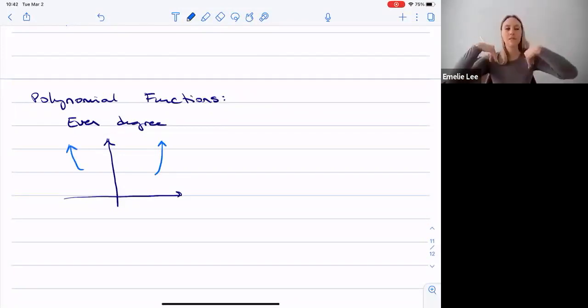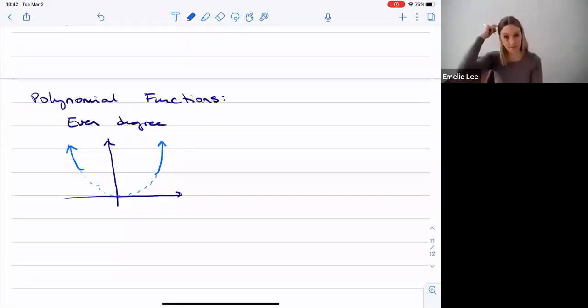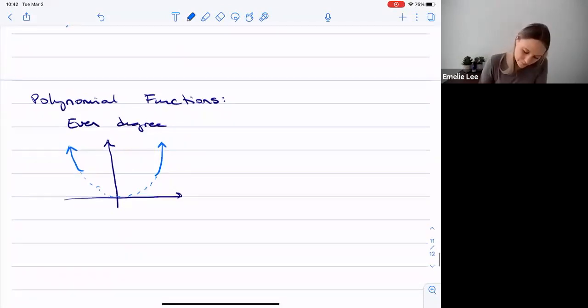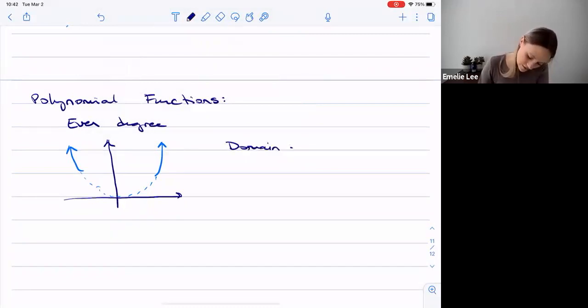It would be flipped upside down if the coefficient of the highest power was negative. We're not there yet, but we mentioned it earlier. The domain here, I can put in any value of x and get somewhere on the graph, so the domain is still negative infinity to positive infinity.